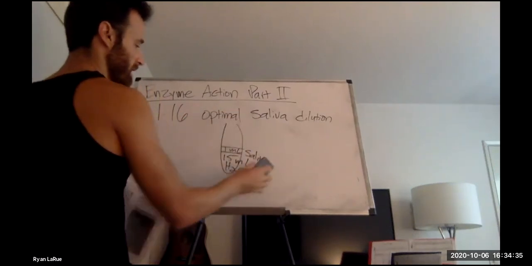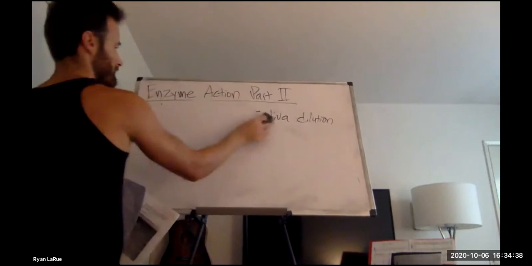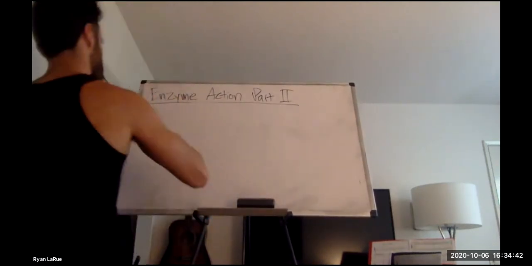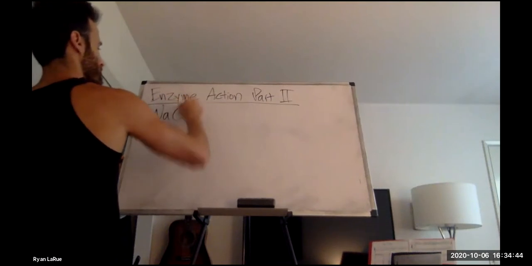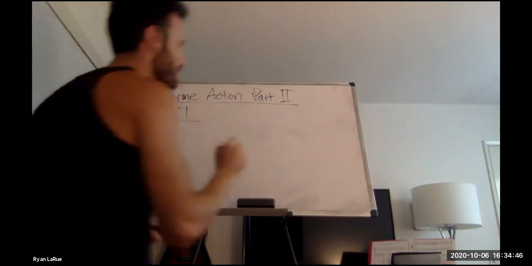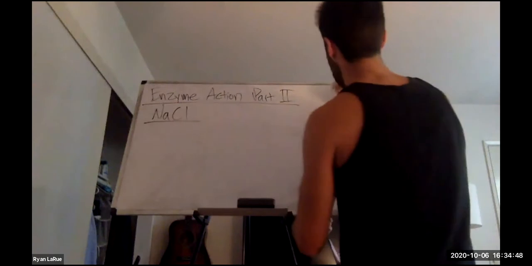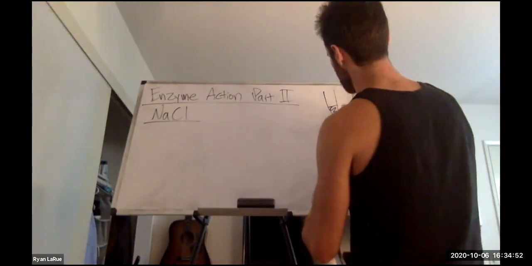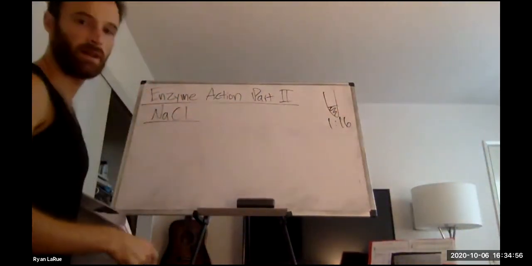We have a test tube of that. First part here is gonna be for NaCl, if you choose that. And just keeping in mind, we have a test tube put aside with our 1 to 16 dilution here. And this is how you're gonna set it up, okay?